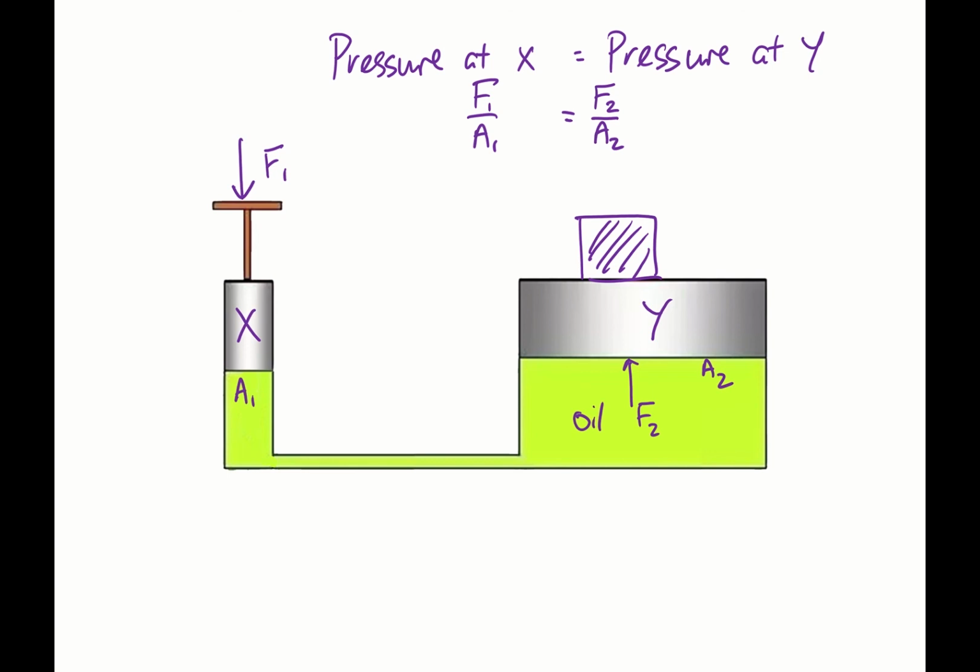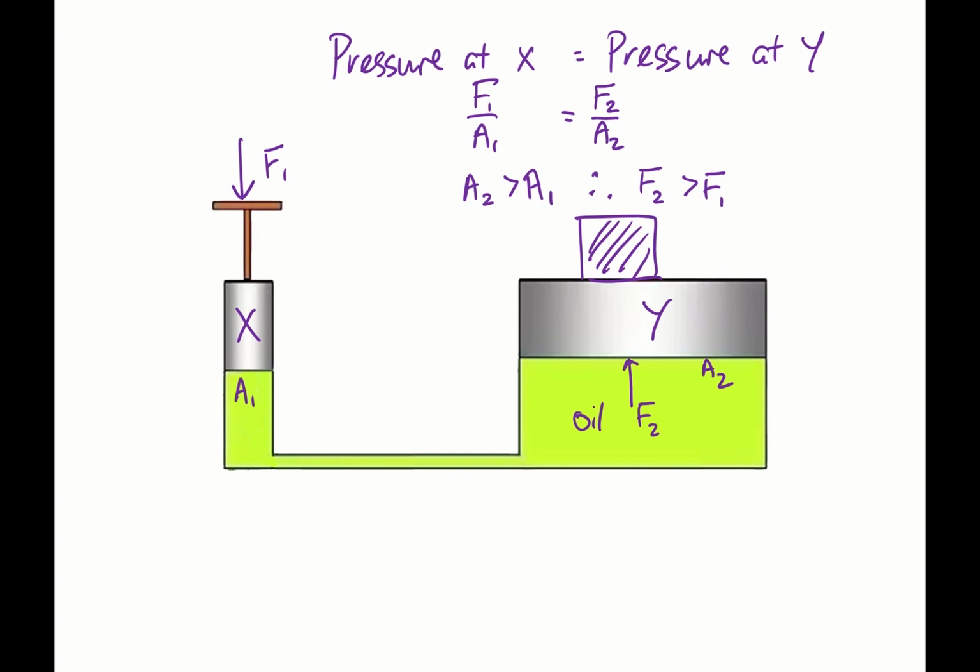Since both pressures are equal, and A2 is bigger than A1, therefore F2 has to be greater than F1. And because of this, a small force can be used to lift a heavy load.